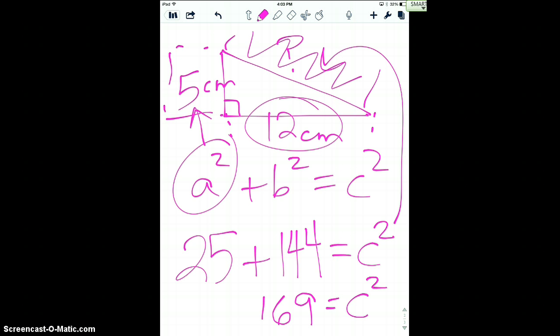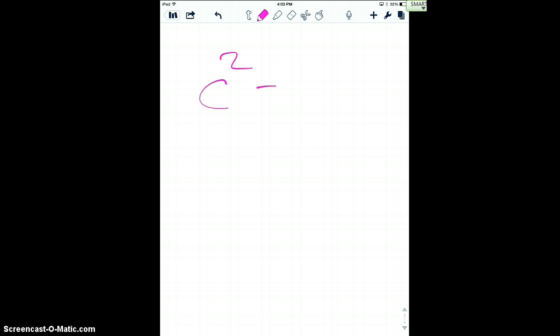But we don't want to know the square. We want to know the actual length of the hypotenuse. So you have to think of what number times itself equals 169. When we're solving an equation like c squared equals 169, to get rid of the square, we use the square root.